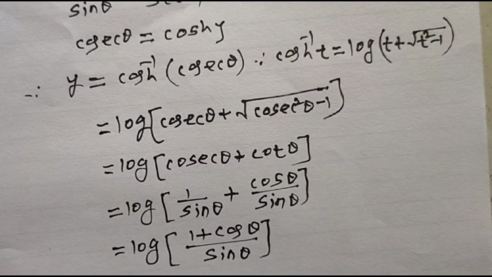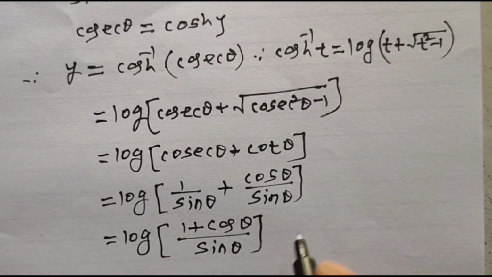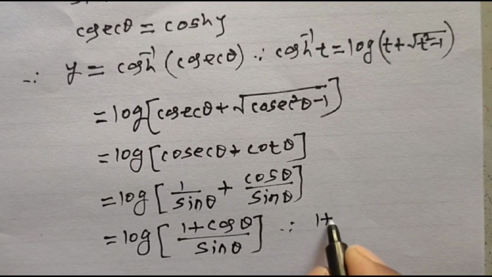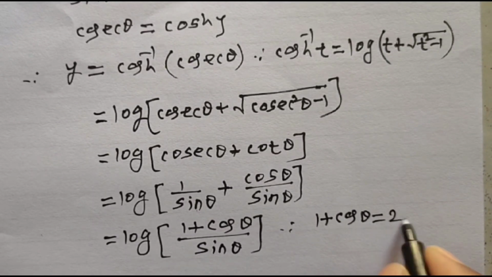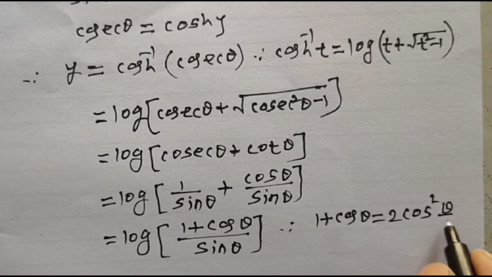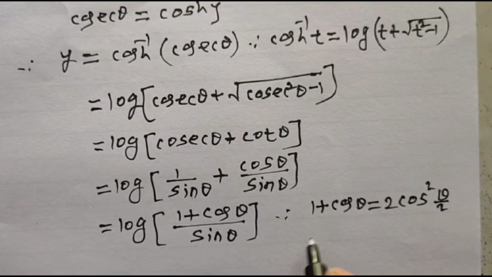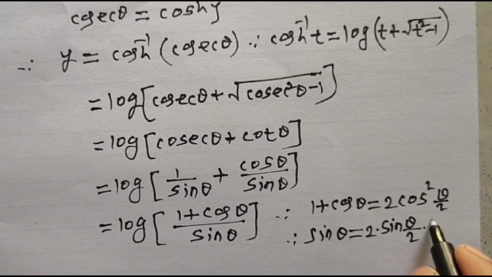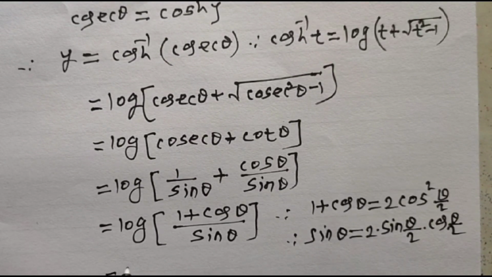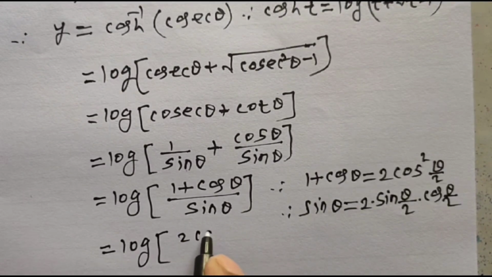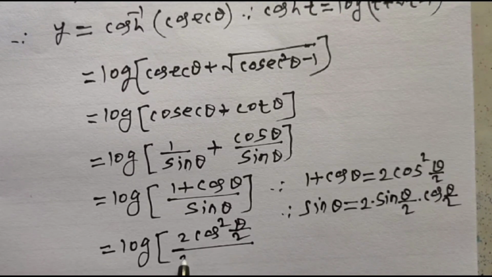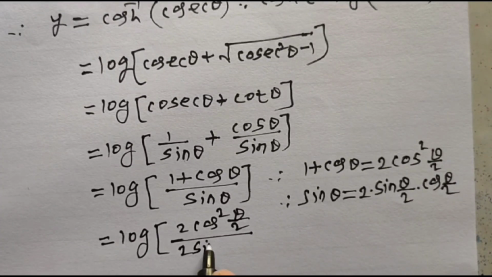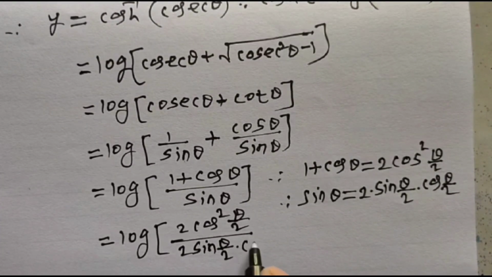Again using trigonometrical formulae, 1 plus cos theta can be written as 2 cos square theta upon 2, and sin theta can be written as 2 sin theta upon 2 into cos theta upon 2. Then logarithm of 2 cos square theta upon 2 divided by 2 sin theta upon 2 into cos theta upon 2.